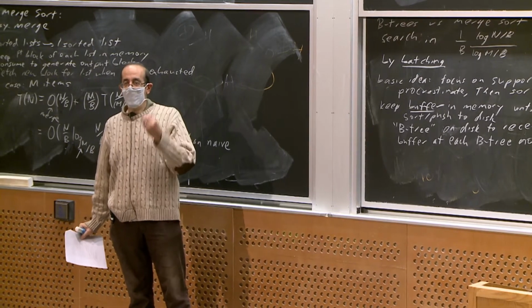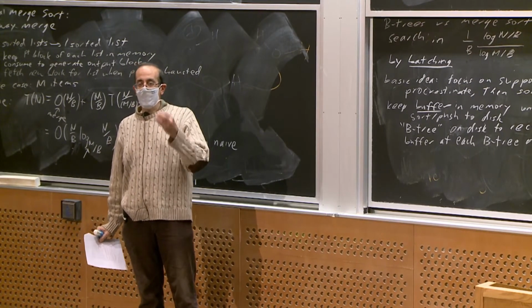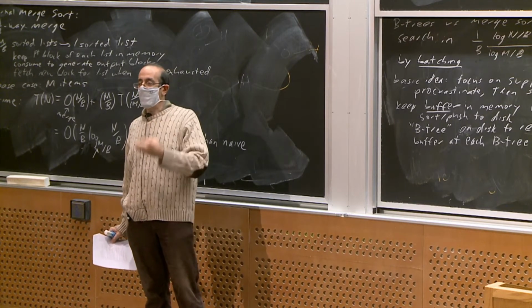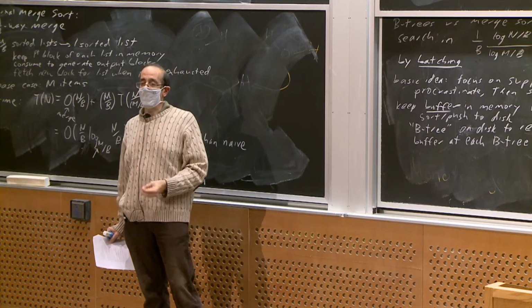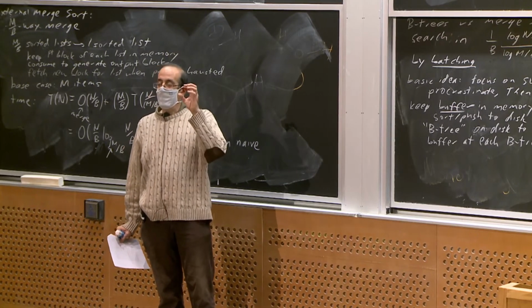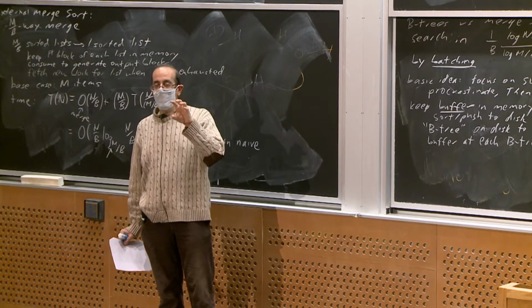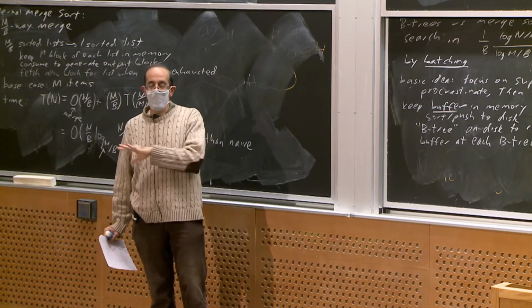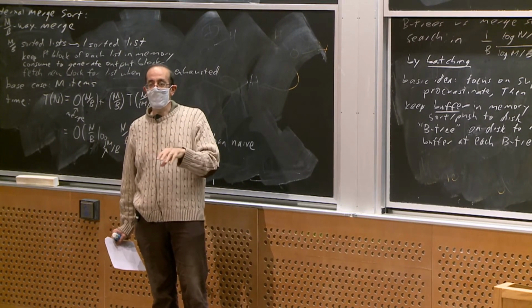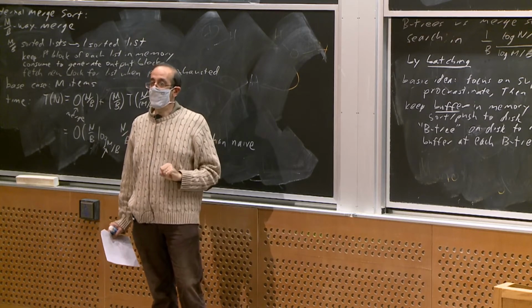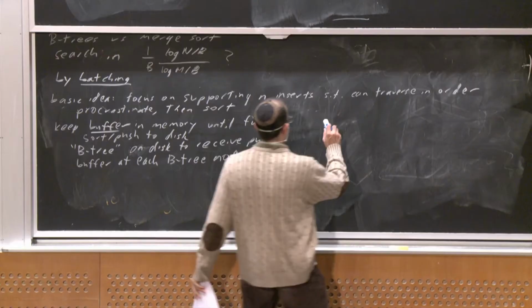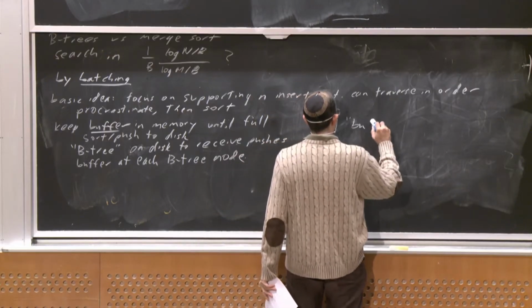I'll just push it down one level. And that way, hopefully, I'll be able to collect more items at that node of the B tree before I have to do more work of pushing things down. The goal will always be to be pushing a huge number of items down the B tree at the same time so that the work of pushing each one is amortized. The block reads that I have to do to push them down is amortized over the many items that I push. Okay? And for this reason, because we structured it this way, these are called buffer trees.